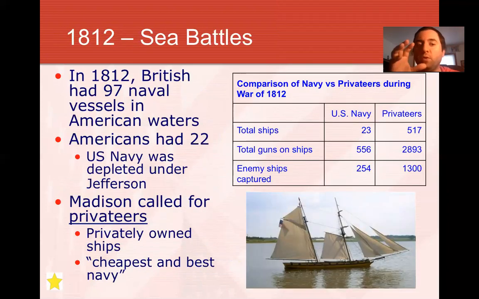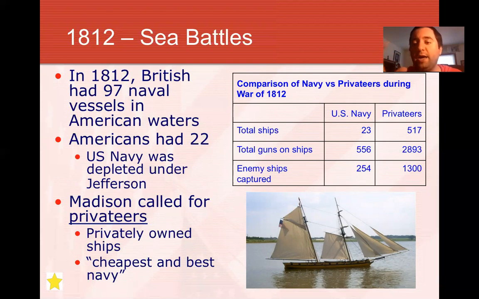So what occurs in the battles at sea on the left-hand side? In 1812, Britain had 97 naval vessels in the American waters. There's a total of 97 naval vessels in the American waters in 1812.